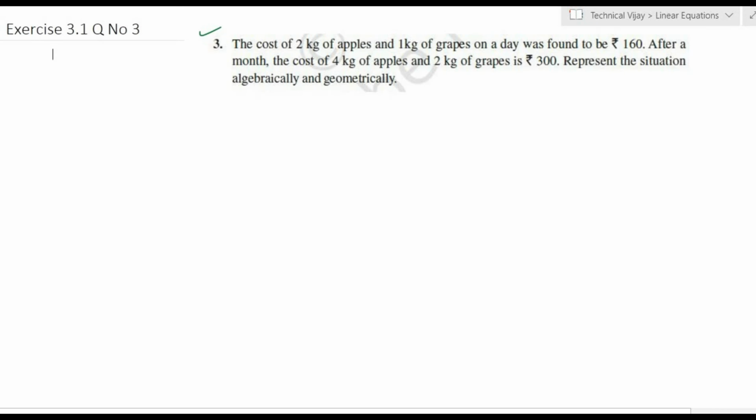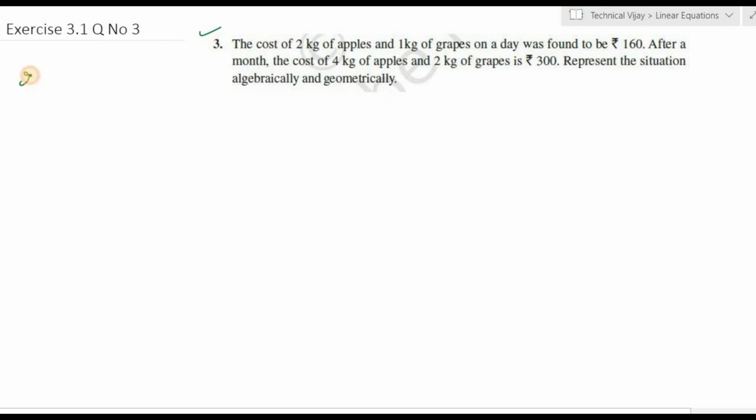Here in question number 3, exercise 3.1: the cost of 2 kg of apples and 1 kg of grapes on a day was found to be Rs 160.